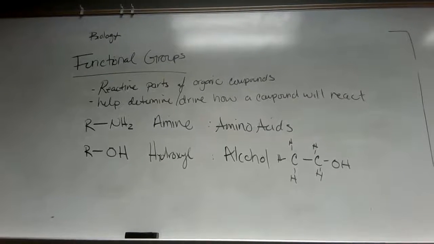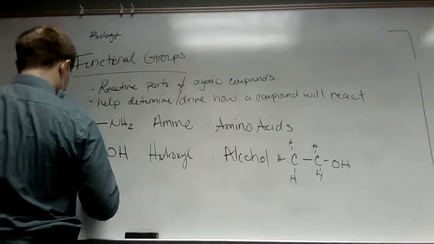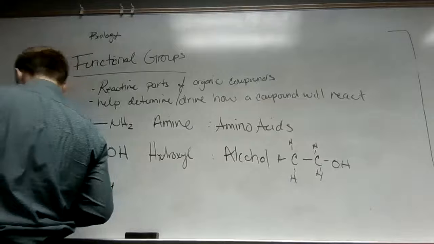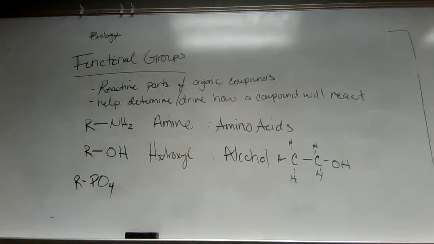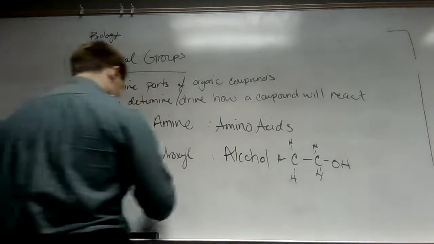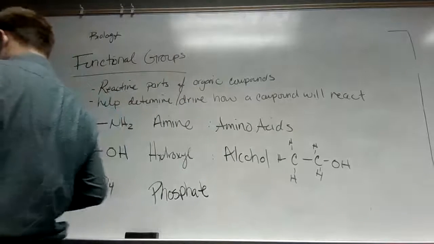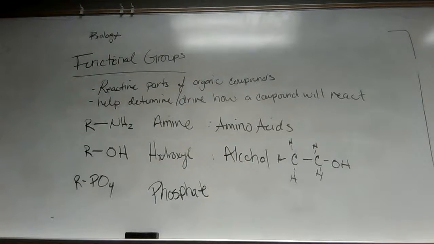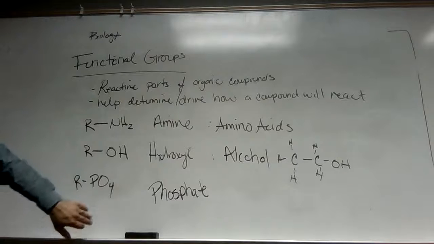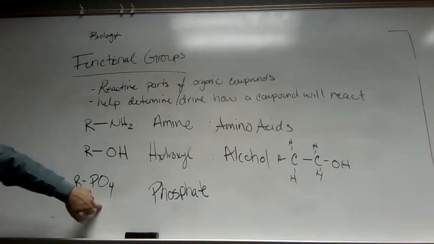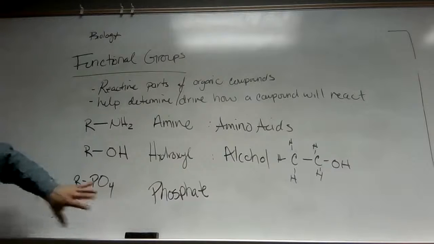And the last one we'll talk about, no, this is phosphate. This is a little confusing when it comes to chemistry because the oxygen is covalently bound to the phosphorus. But together it makes an ion.